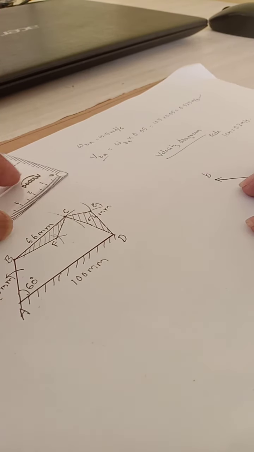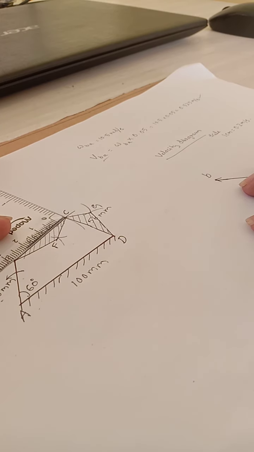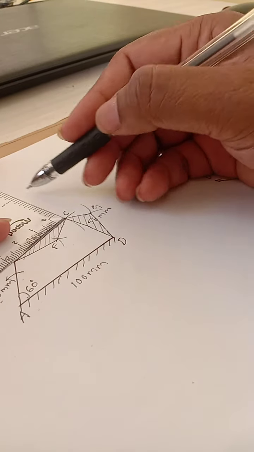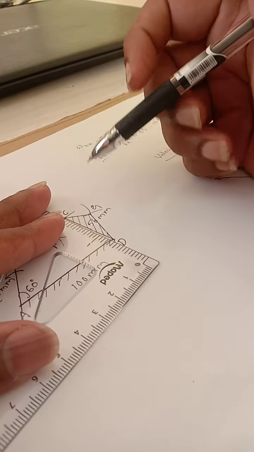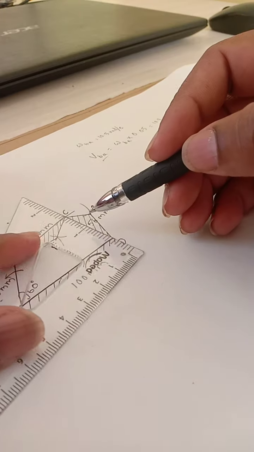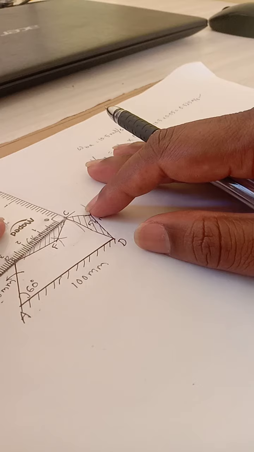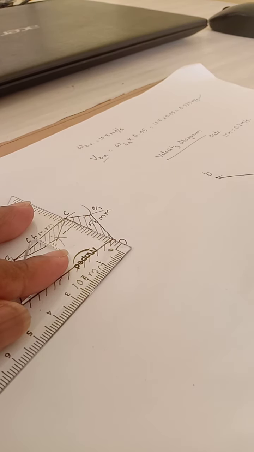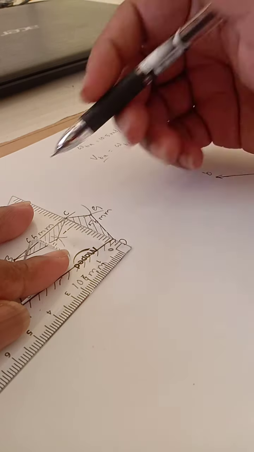If this is parallel to BC, then VCB will be acting in this direction, or downwards also possible. This is parallel to BC, and this one is perpendicular to BC. So now I know just the direction, I don't know the magnitude.